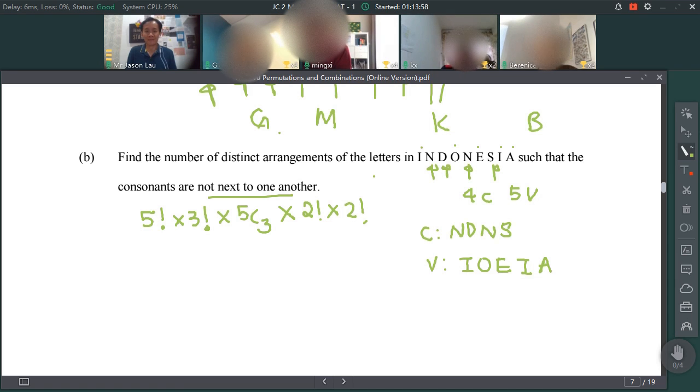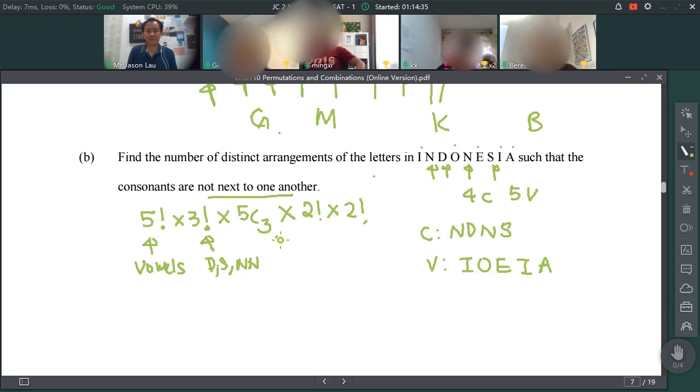Okay. Explain why. Oh, the 5 factorial is to arrange the 5 vowels. Then the 3 factorial is to arrange the D, S, and the one group of N. So it's the consonants. Then the 5 choose 3 is because there's 5 slots and 3 groups of consonants.